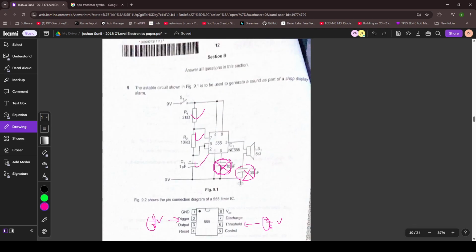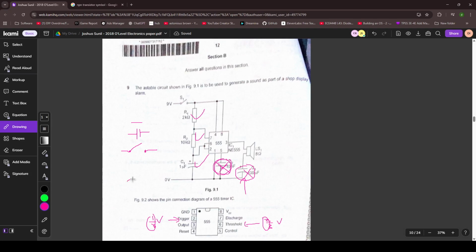Do you know what this is? This is out of syllabus, by the way. This is called a coupling capacitor. The point of the coupling capacitor is to make it such that DC cannot go through. How this works is you need to understand a core principle of capacitors. When a capacitor is fully charged, it acts like an open switch.